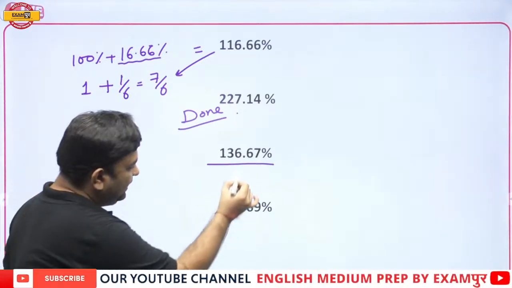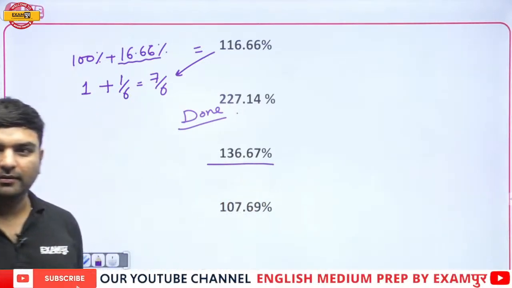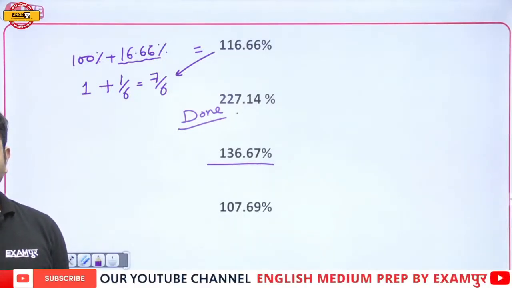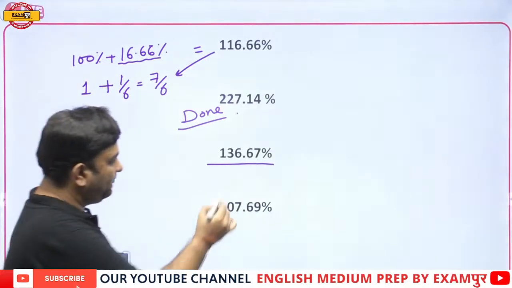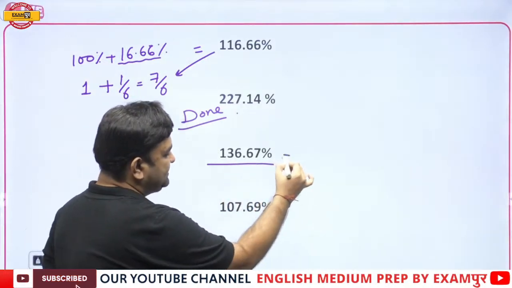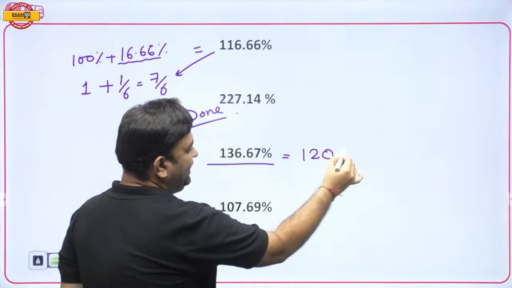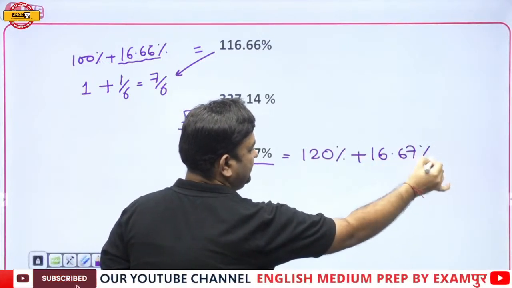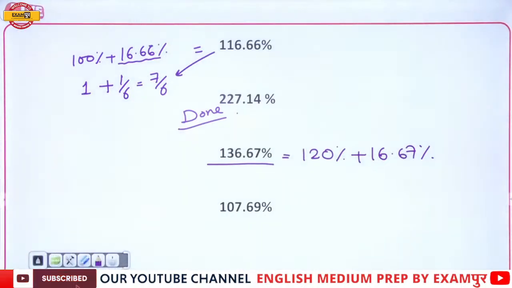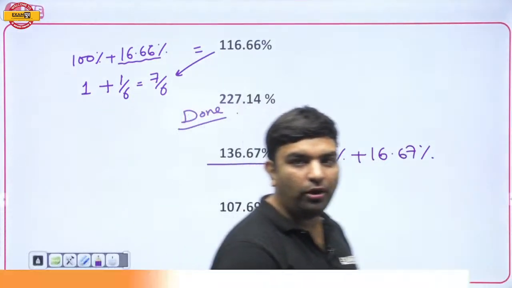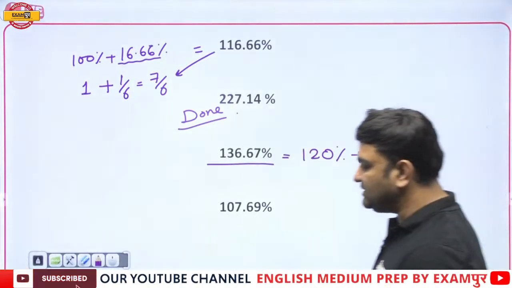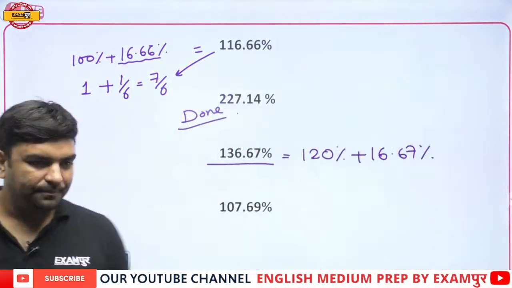The hint is here. 16.67%. So 120% plus 16.67%.